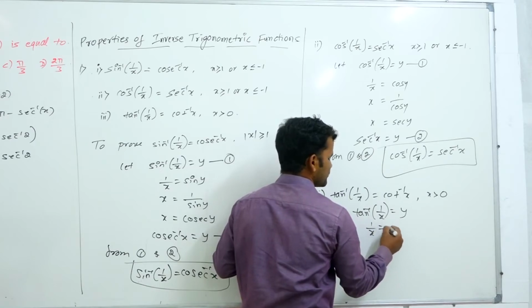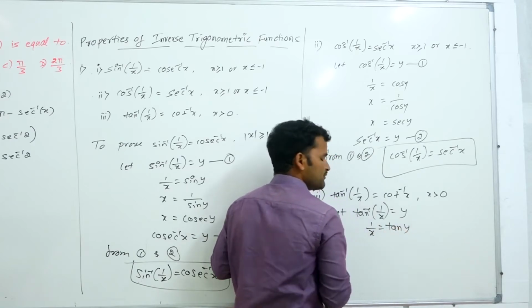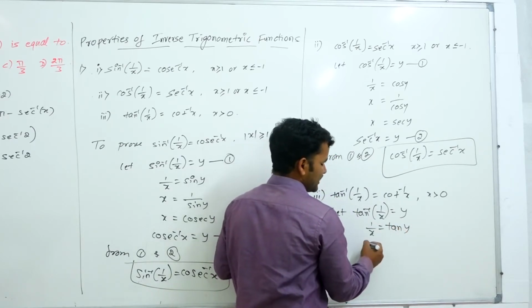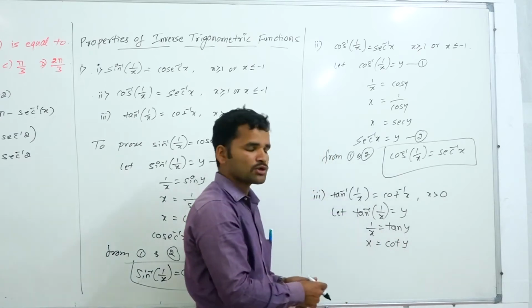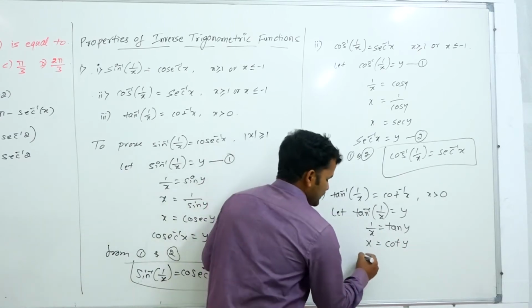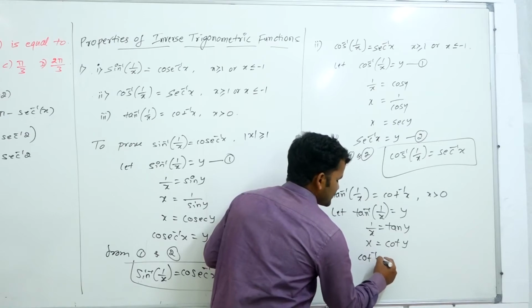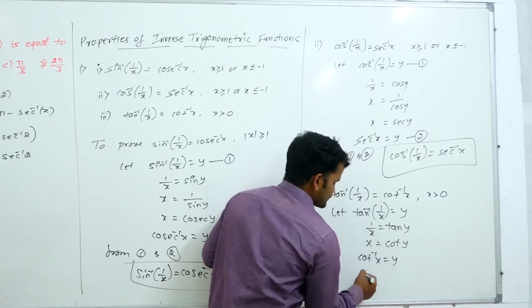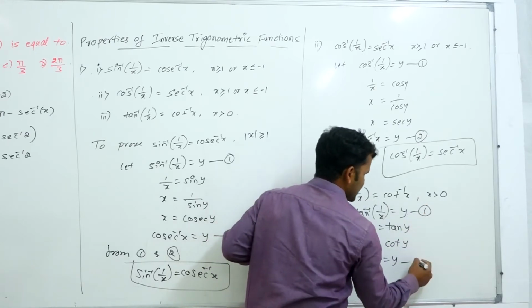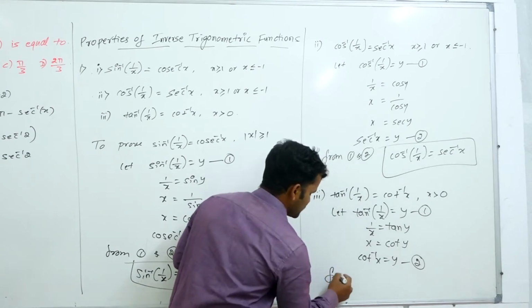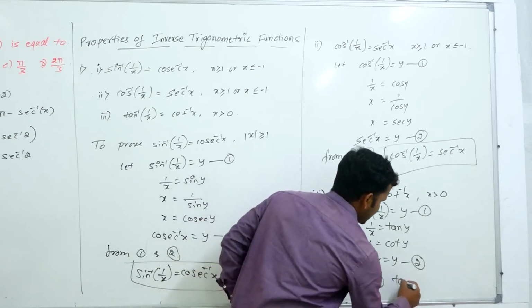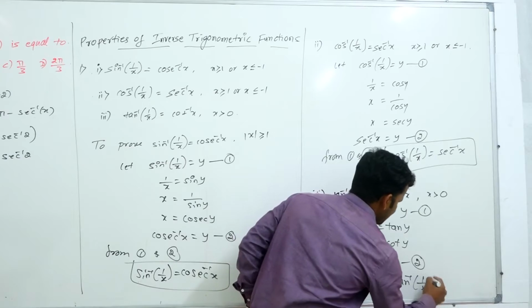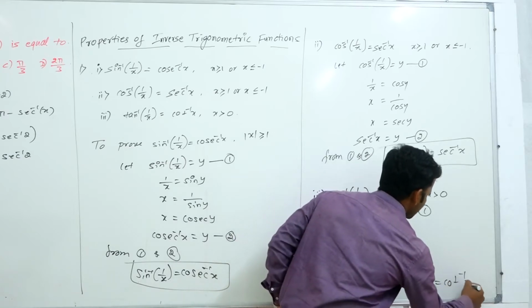This is nothing but 1 by x is equal to tan y. 1 by x equal to tan y can be written as x is equal to cot y by taking the reciprocal on both sides. This is nothing but cot inverse of x is equal to y. So this is equation 1 and this one is equation 2. From 1 and 2 I have tan inverse of 1 by x is equal to cot inverse of x.